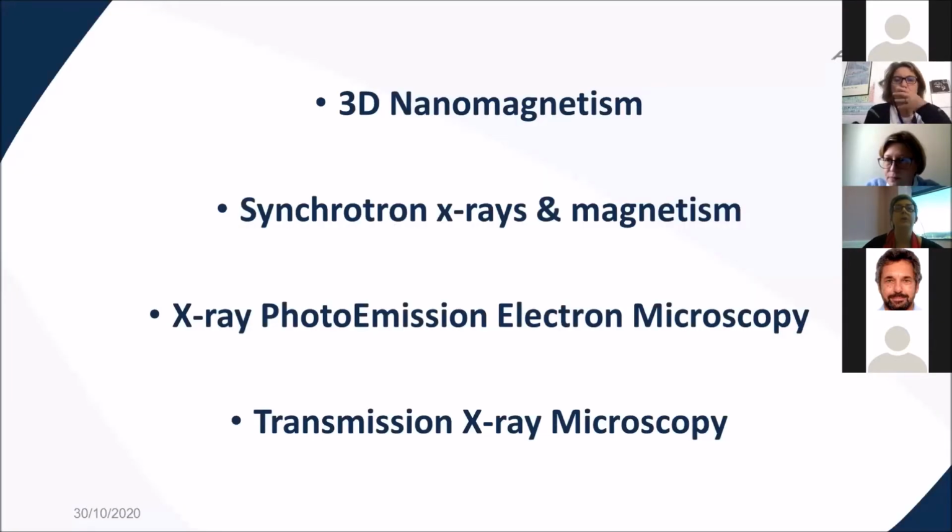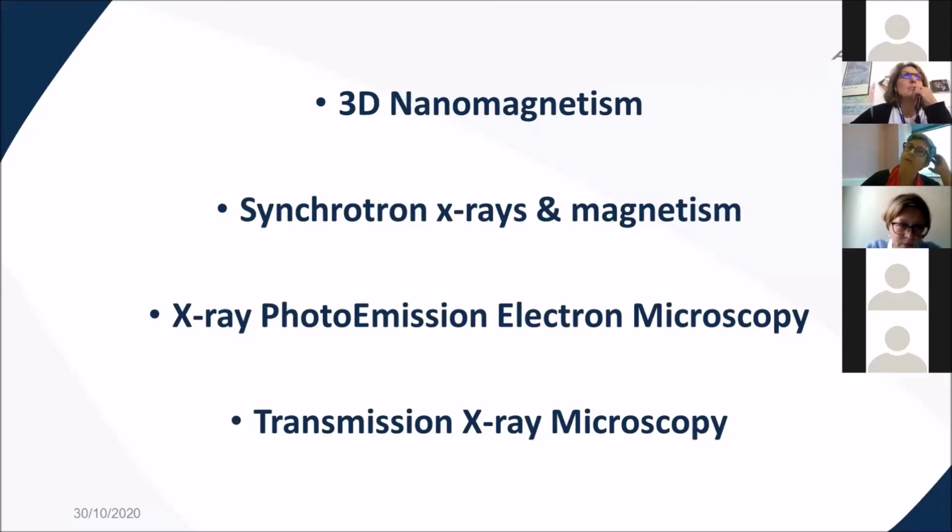I will do a very brief introduction of what we call 3D nanomagnetism, this emerging field that is getting quite a push in the last years. Also a very brief introduction, for those of you who are really far from the field, of how synchrotron X-rays can help you understand magnetic materials in general.